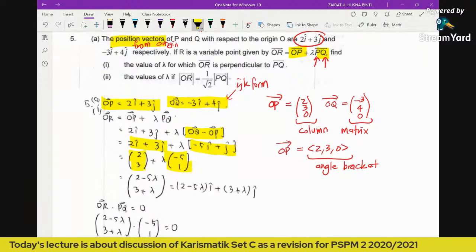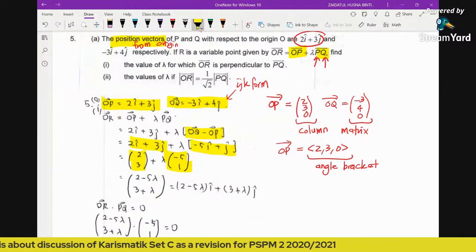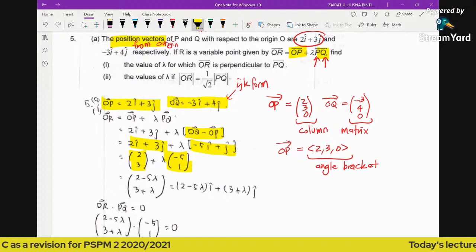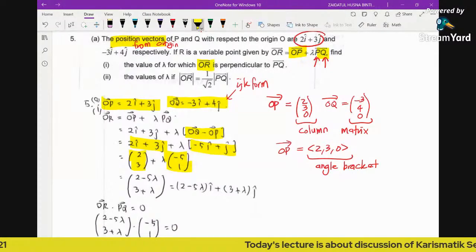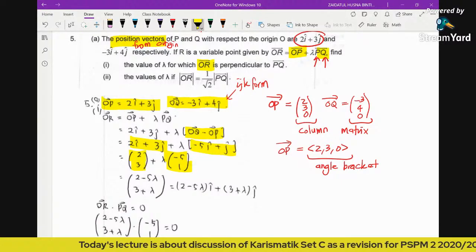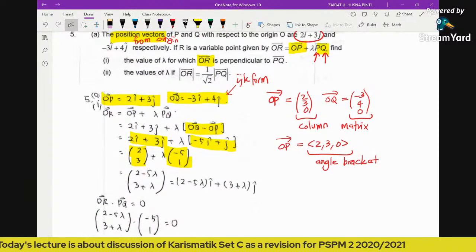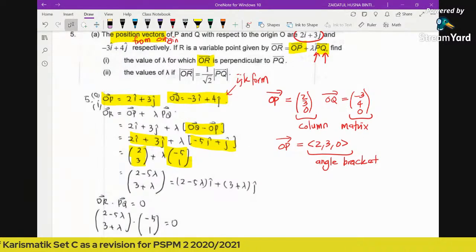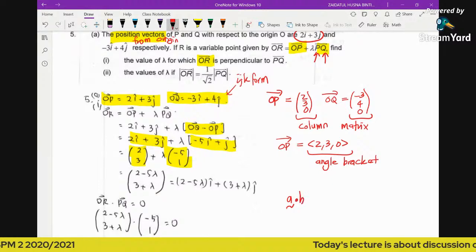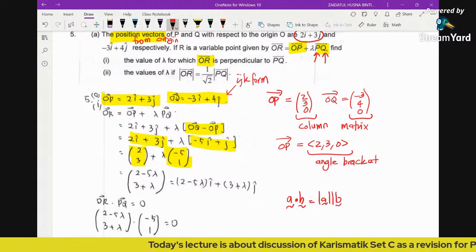Alright, so find the value of lambda for which OR is perpendicular to PQ. This is basically your OR. So how to relate? If you have two vectors perpendicular to each other, then the dot product is equal to 0. Why? The formula of dot product is A dot B equals magnitude A, magnitude B, cos theta.